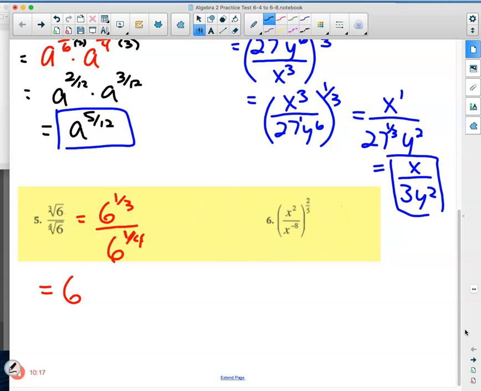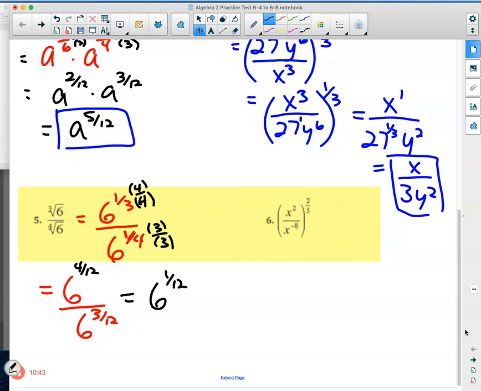So I look at 1/3 and 1/4, and I realize that my least common denominator is 12. So this one's going to need to be multiplied by a 4 on the top and the bottom, and this one will need a little 3. Or you could grab a calculator and do that subtraction. But we'll have 6 to the 4/12 over 6 to the 3/12. And that will give us 6 to the 1/12.